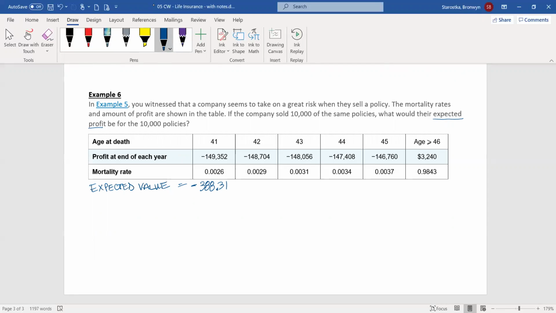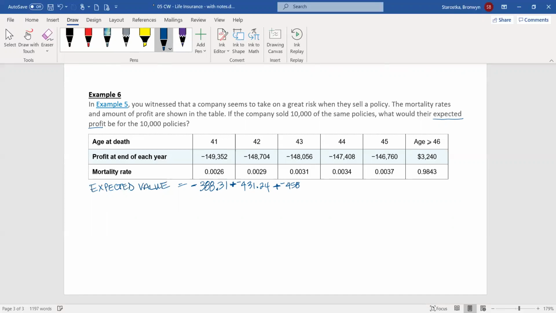For the next one, expected value, you take all the probabilities and add them together. So this is going to be a negative 431.24. To that you add, when you do the math, a negative 458.